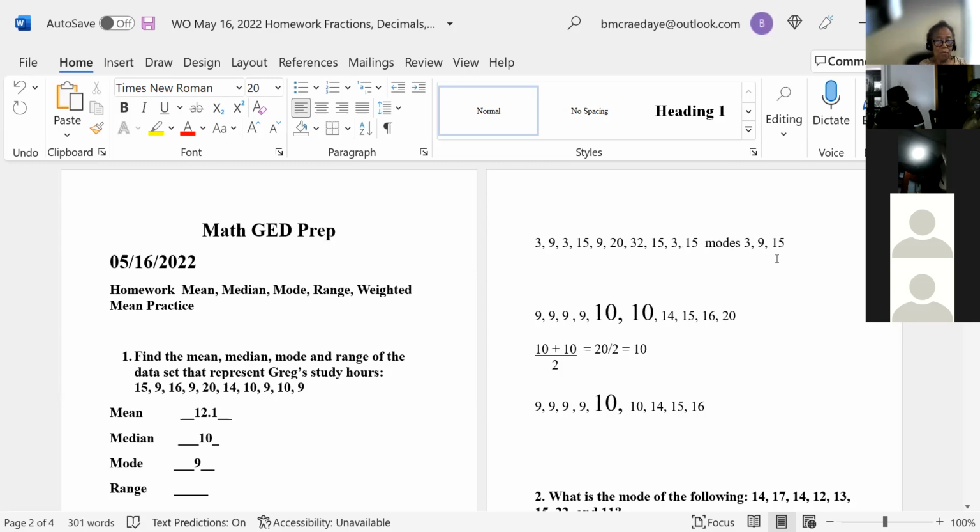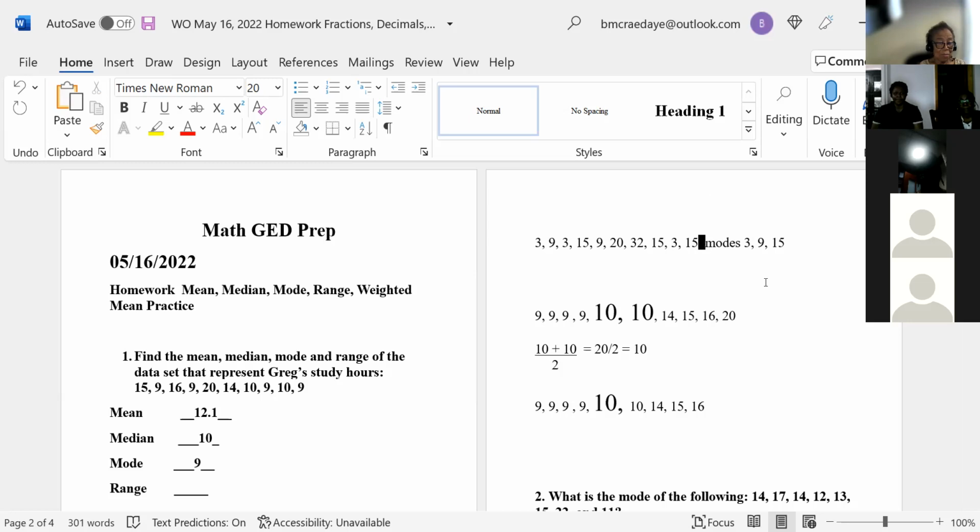Now, what are my modes, Michelle? 9, 3, 9, and 15. Which one are we doing? Right here. What are the modes? 3, 9, 15, and that's it. 3, 9, and 15 are the modes.